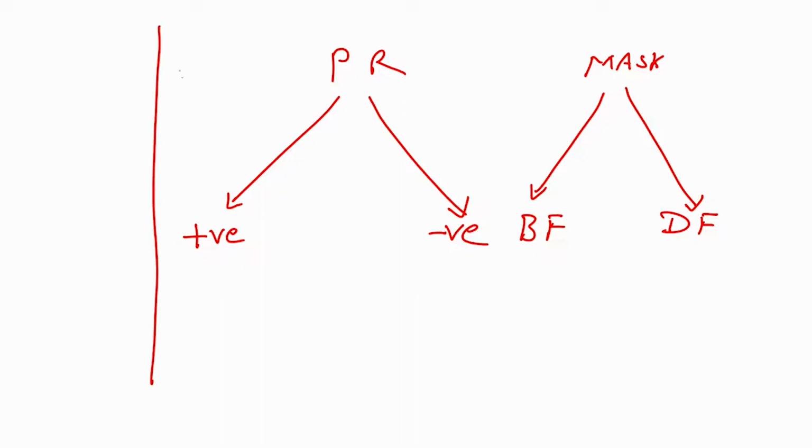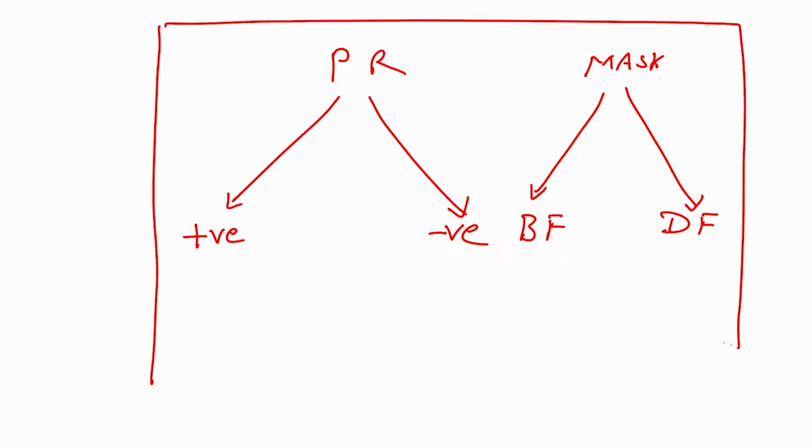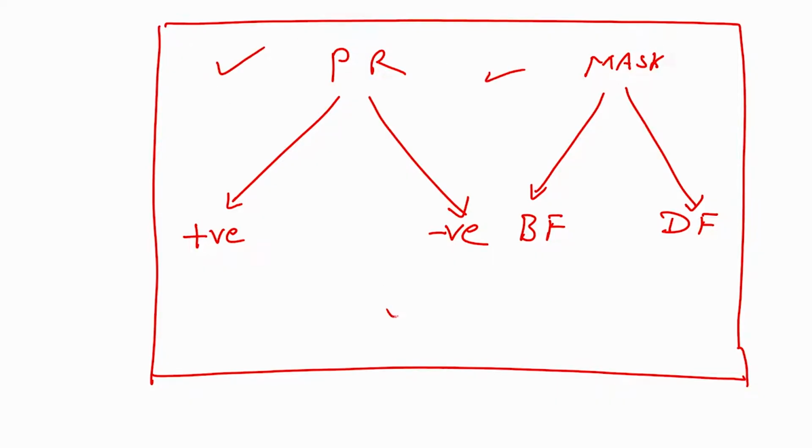If I have this as a mask, this rectangle is my mask boundary, and only these letters that I have written here, these symbols that I am using, positive, negative, bright field, dark field, mask, PR, these arrows, are dark. Otherwise, my entire field, everywhere, is bright, it is transparent. This is my bright field mask.